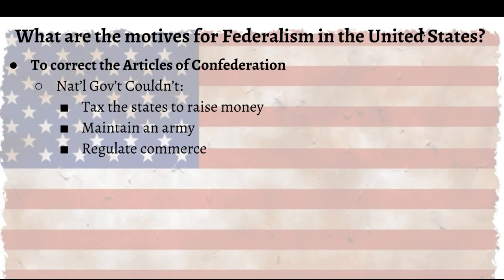So when they implement the Constitution with federalism, there's going to be this sharing of power between the state and national governments, and the national government is going to have the opportunity to start regulating commerce between the different states to make them much more unified, less confederal, more federal. Make them much more unified as a group, and so it helps to regulate commerce.